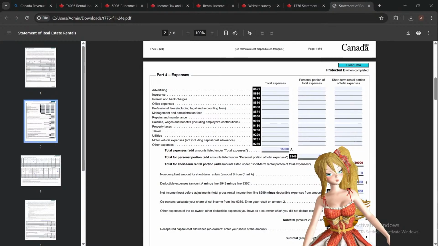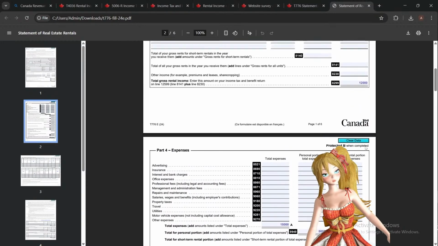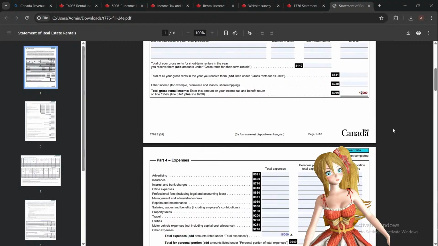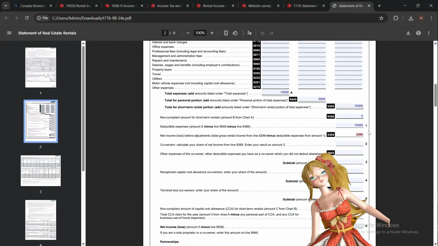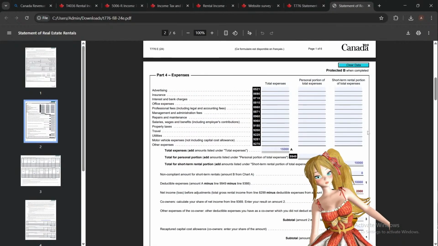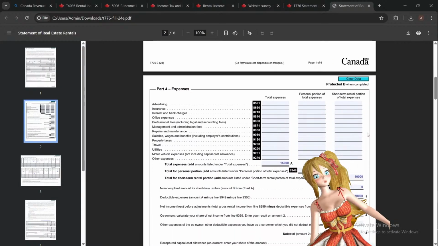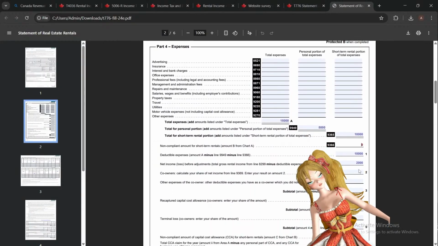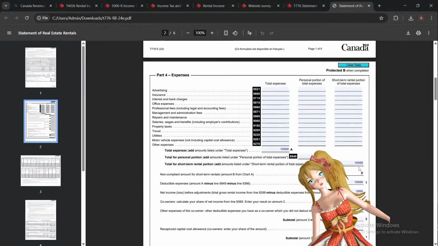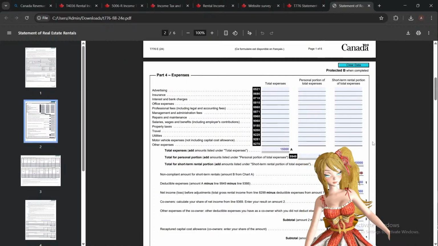I paid the $10,000 in expenses. So 2,000 is the profit. Wait, that actually makes a lot of sense. Okay. And let's say I take a $1,000 loss.